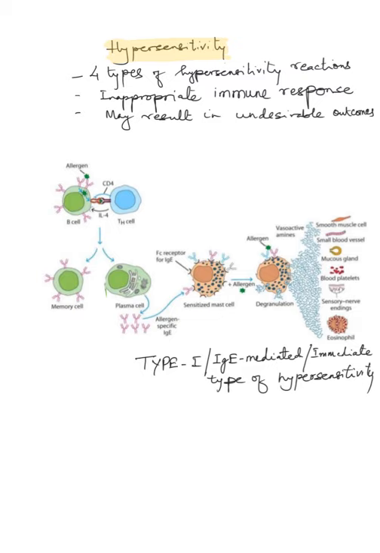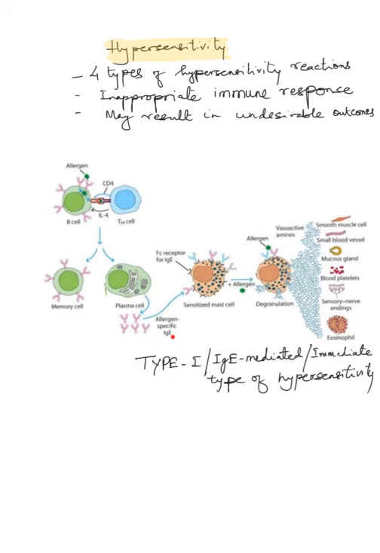And because of this T helper cell would get activated, and it will differentiate into memory cells and plasma cells. Plasma cell will produce IgE. So normally what plasma cells should produce on primary exposure? They should produce IgM. But in this case, instead of IgM, IgE is produced, and this IgE is specific to this allergen here.